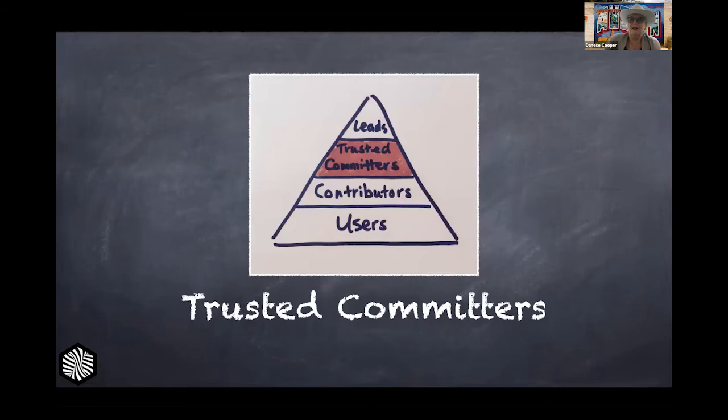But what if we thought about the way that open source works? This is an important slide because it helps you understand why I recommend that 10% of your engineering resources should be put into trusted committership. So the trusted committer is a special engineer.